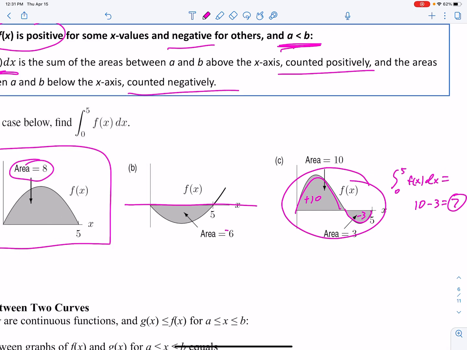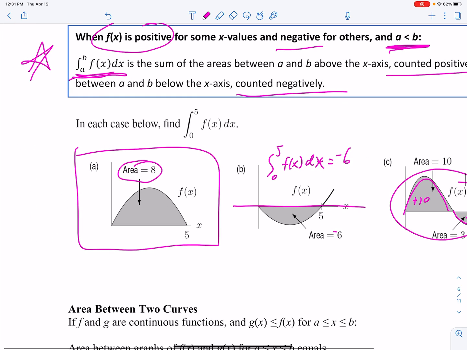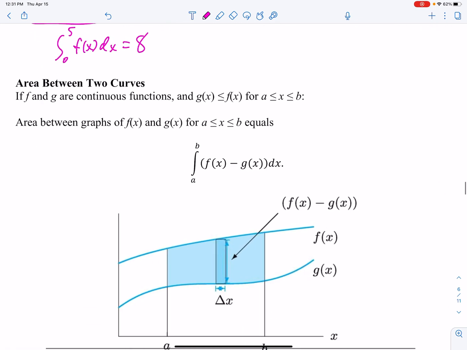So in this case, the integral from 0 to 5 of f of x dx equals negative 6. And then for this one here, part A, the integral from 0 to 5 of f of x dx equals positive 8. Okay? All right.